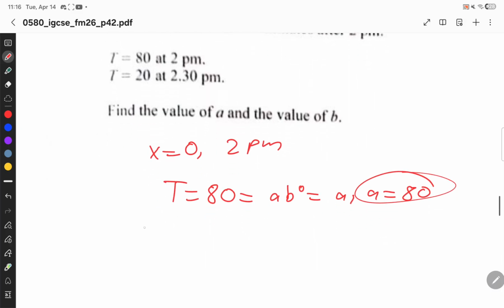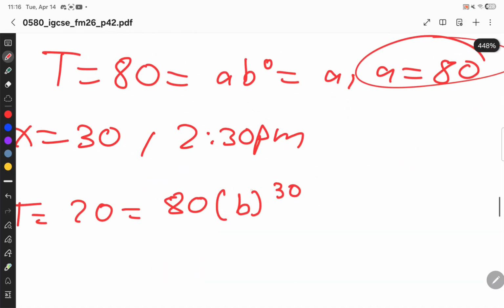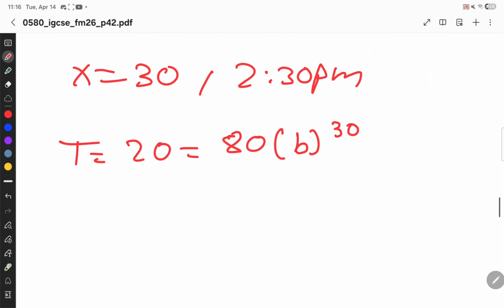Now at x is equal to 30, T is equal to 20 is equal to 80 B to the 30. Now if we solve for B, we can just do 20 over 80, which is 1 over 4, is equal to B to the 30.